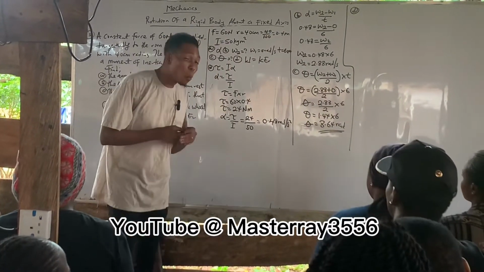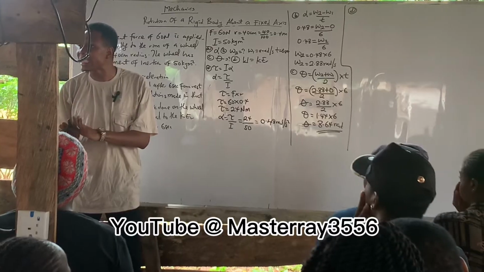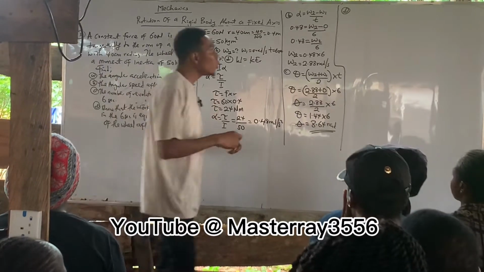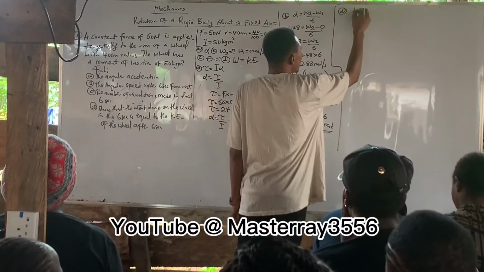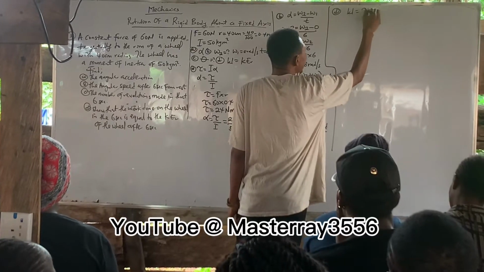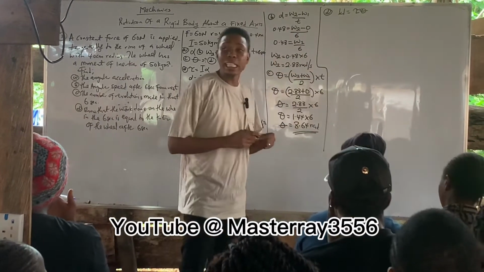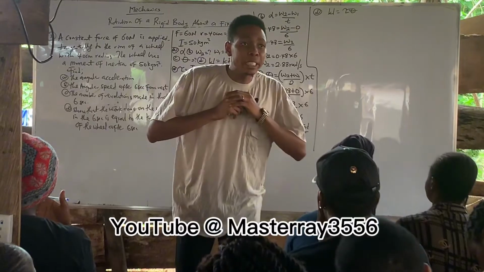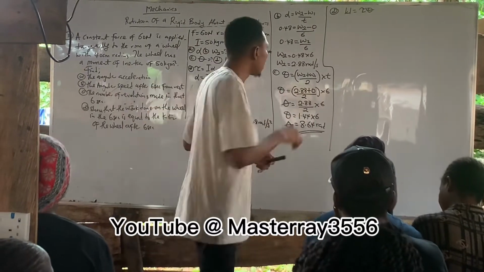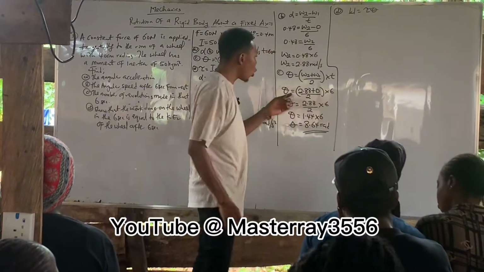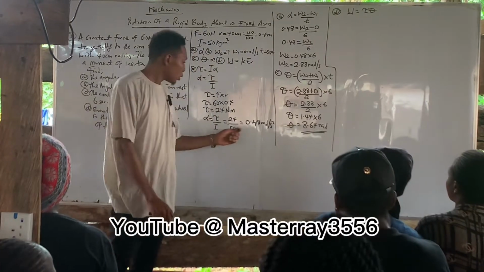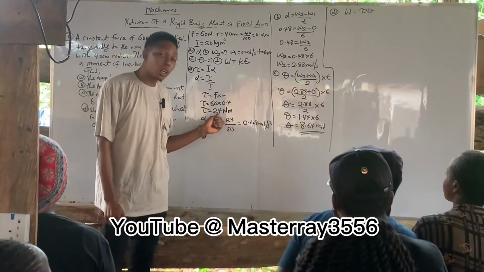Now that we've gotten our theta, then the D part, what are we asked to look for? We are asked to look for work done and our rotational kinetic energy, right? To look for work done, that's W. Work done is written as torque times theta. Now, we already have our torque.